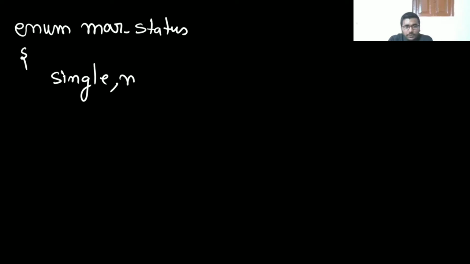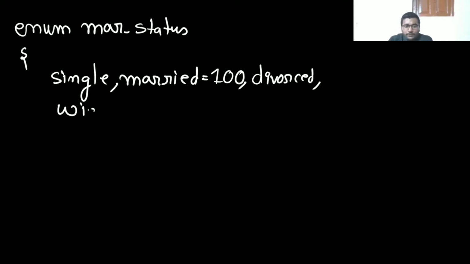Now married, you have given a value, let's assume 100. Then divorced, then comma, widow. See, you are not having any semicolon inside, and after that you have a semicolon. So you can assume it is a data type, and the values it can have are only single, married, divorced and widow.